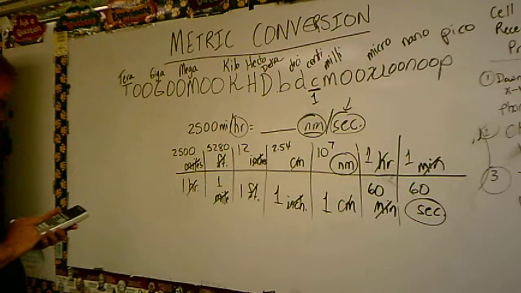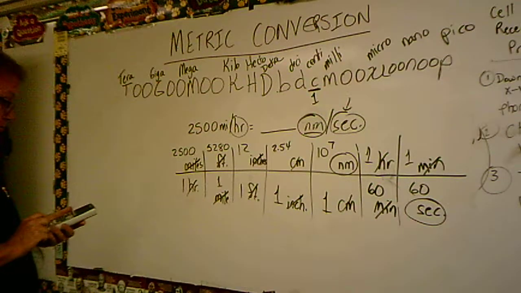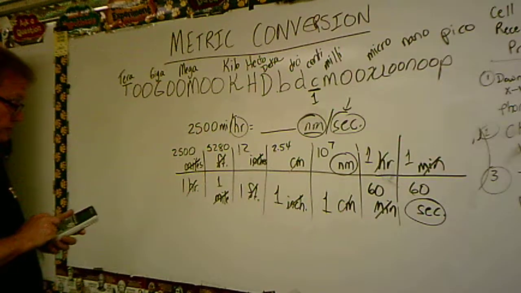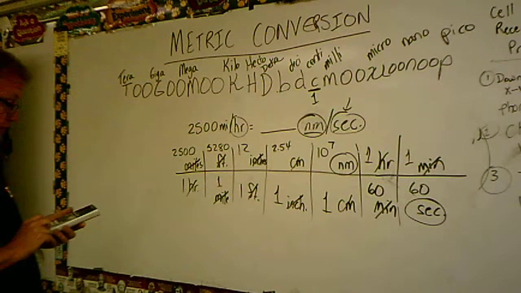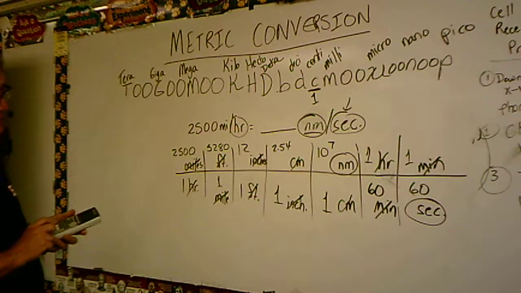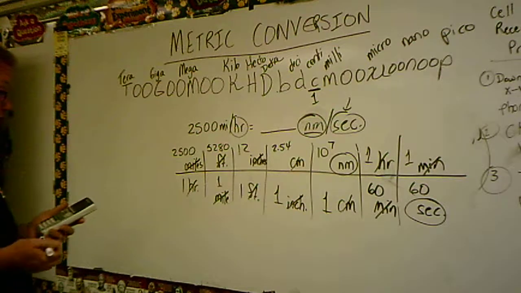So I got 2,500 times 5280 times 12 times 2.54 times a lot of numbers, 1 times 10 to the 7th. And then I'm going to divide it by those two numbers together, which is 3,600.